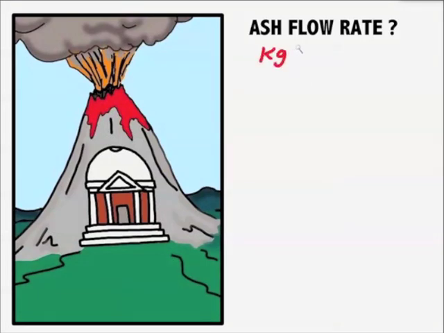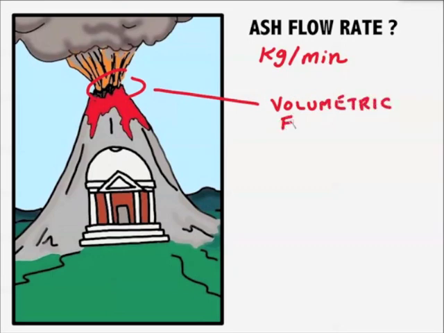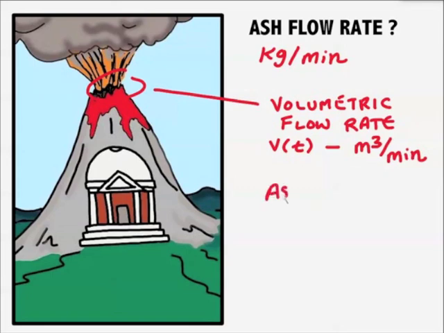So the ash flow rate we might measure in kilograms per minute, and then we can find that by first finding the volumetric flow rate. I'll call that signal V of t, and that might have units, say, of cubic meters per minute. And then I also need, of course, the density.